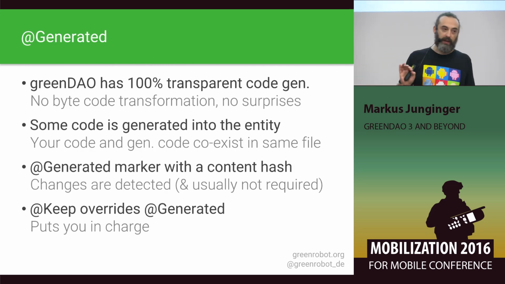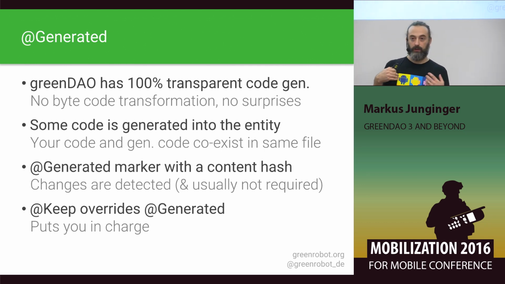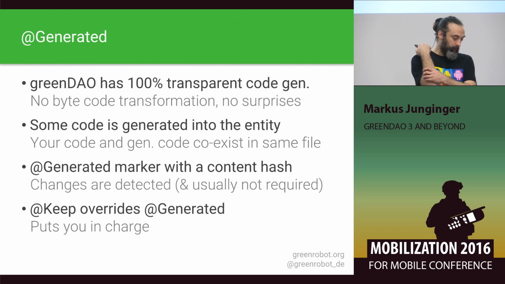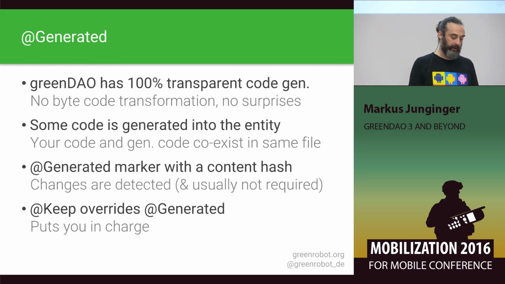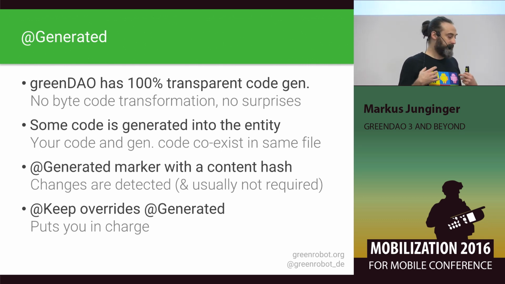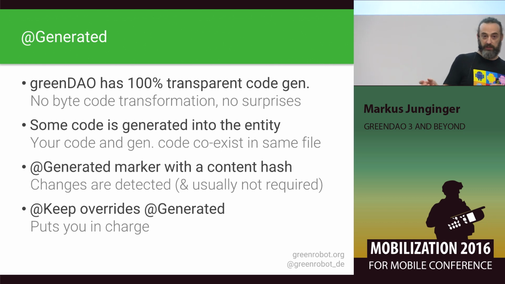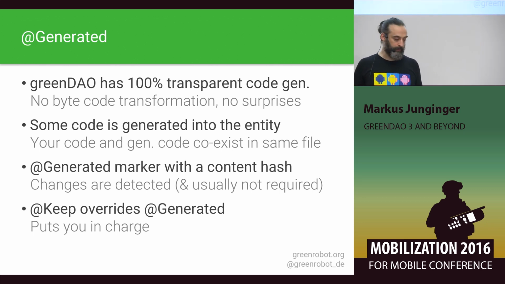There's also a special tag I want to talk about: @Generated. greenDAO uses code generation, and it's totally transparent. Even when you're debugging, you don't see any magic going on. You really see all the code. This means we generate some code into your entity, side by side with your code.